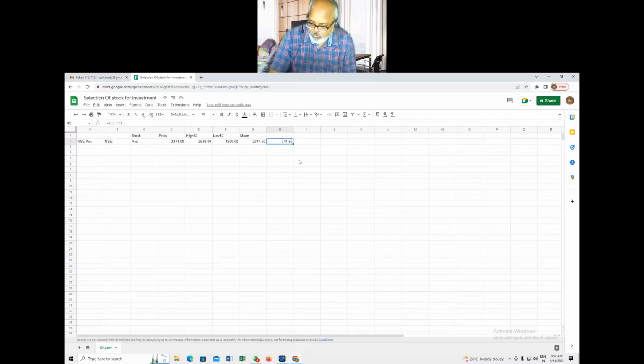But since I'm planning to buy in 10 trades, what I would do is divide this value by 7. Here you can see that I'm getting some irrational numbers, but that is not applicable when I try to take a trade. So what I would do is put this and then write here 0.05.